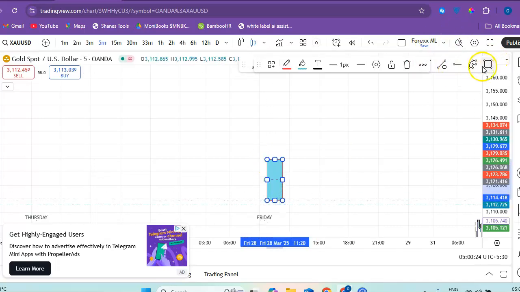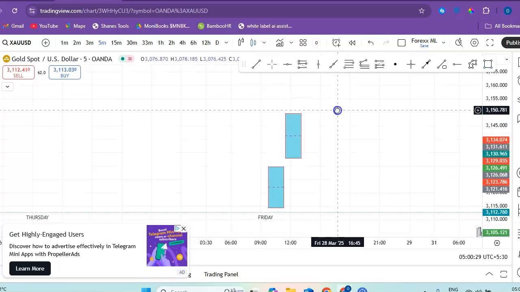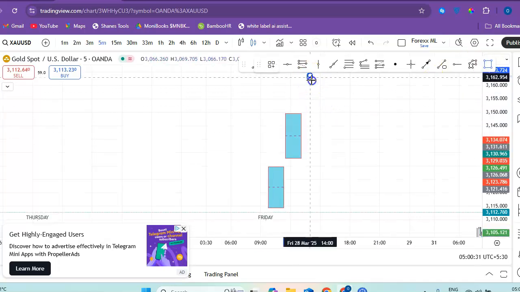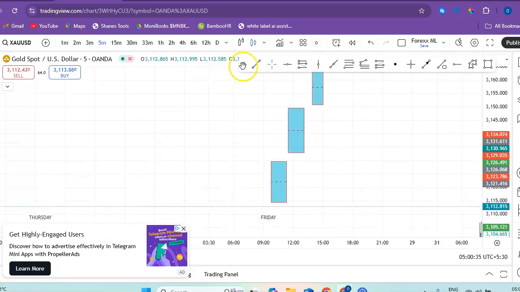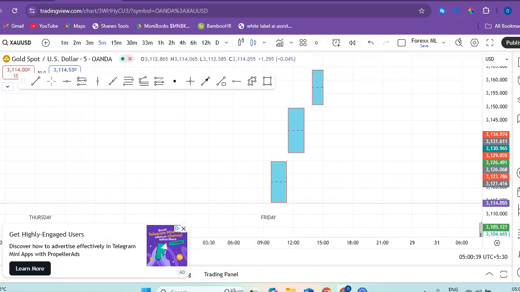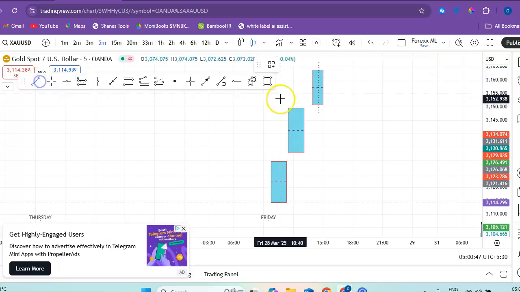So let me just quickly show you what this structure is and what we are looking for. Let's say we have three candles here, and these are the wicks of the candle.